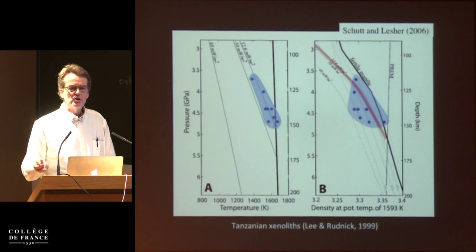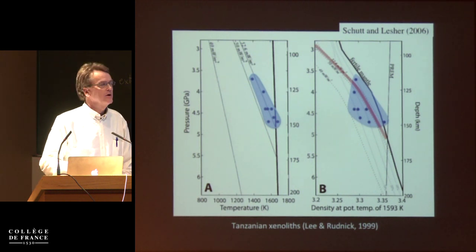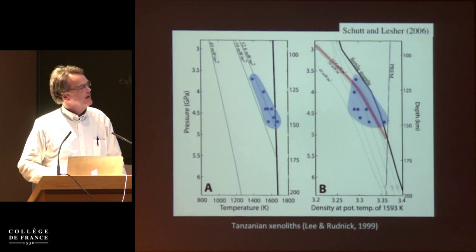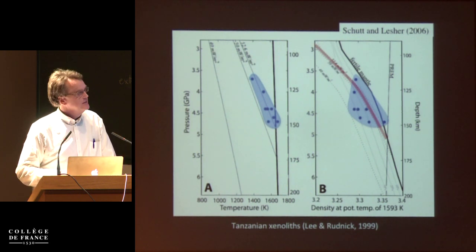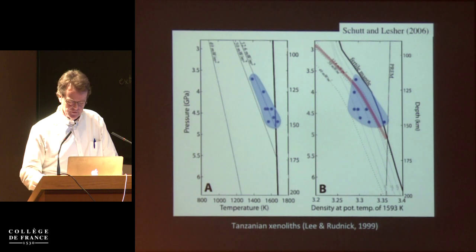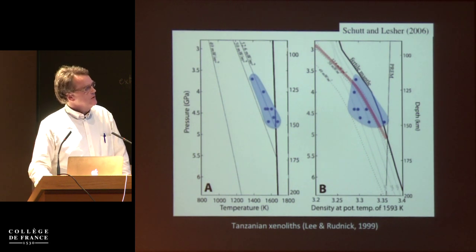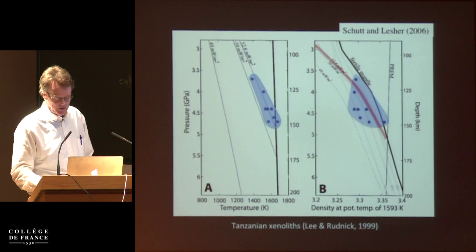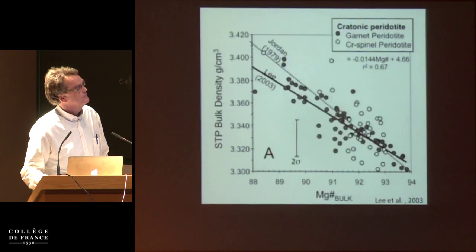And if you look at places like Kaapvaal, you see the same kind of picture: when you go through this exercise, the xenoliths, the garnet lherzolites, are all lying in that region below the isopycnic line for the geotherm that would be appropriate for that craton. So it's not isopycnic in this sense; in these particular cases, it's actually positively buoyant.